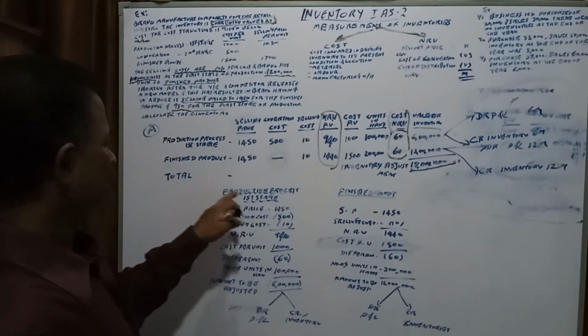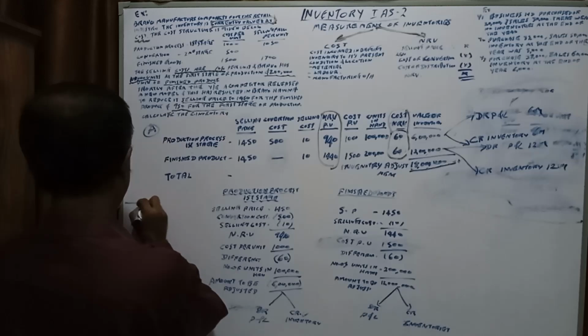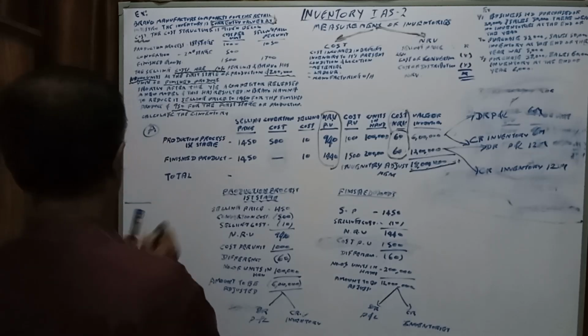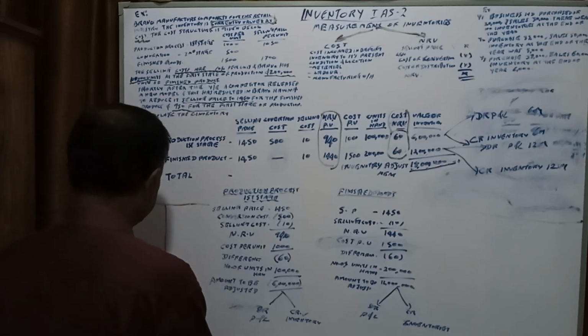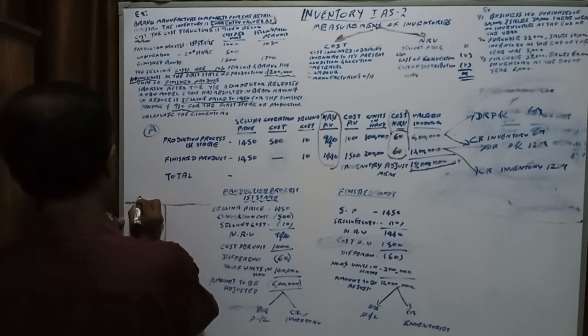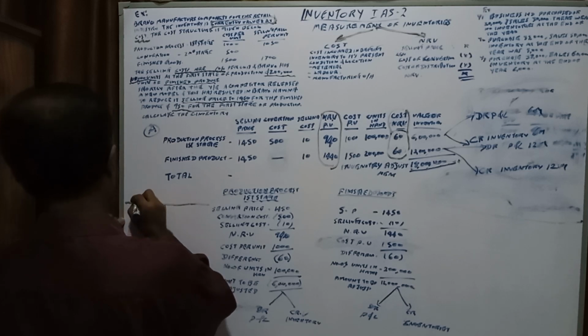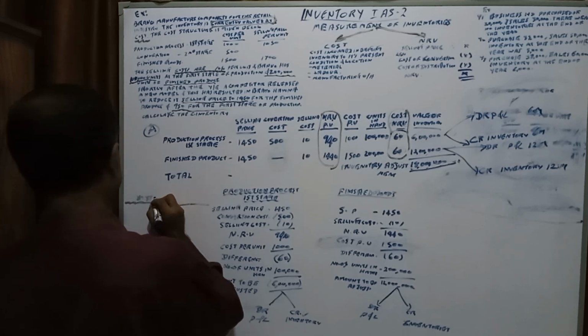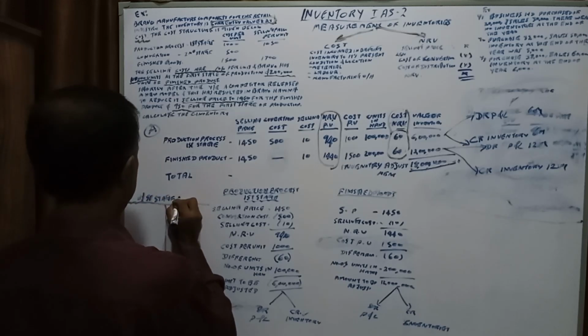Here for the production cost of stage 1, this is the inventory account, first stage inventory.